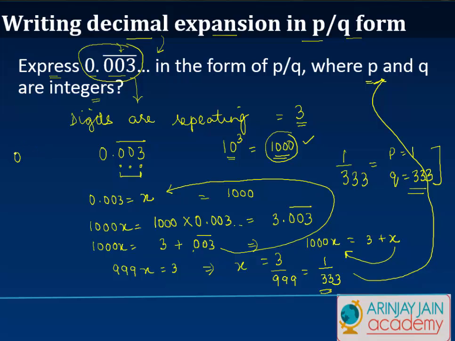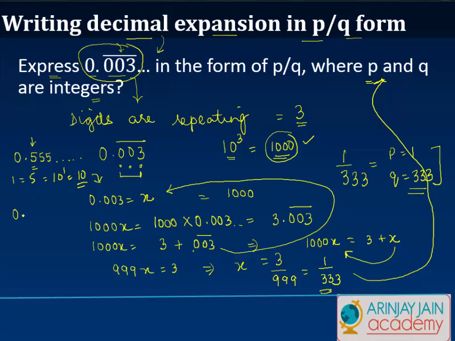So let's say for example if I had to do this for 0.555 and so on. In this case the number of digits which are repeating itself is 1, which is 5. So we are going to multiply this by 10 to the power 1, or 10, and solve this in a similar fashion.